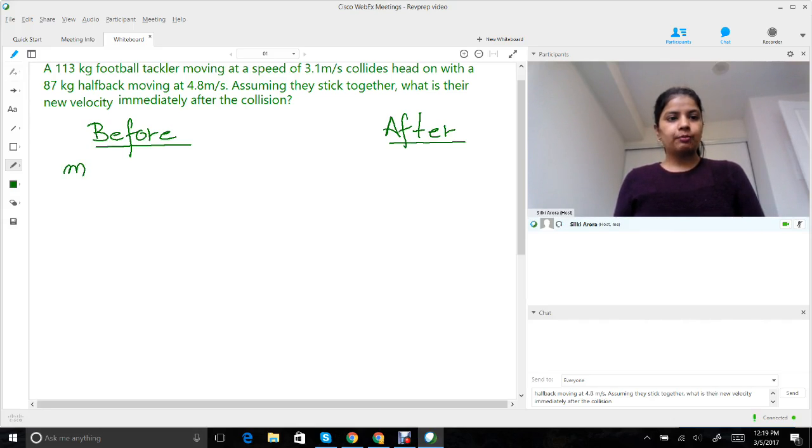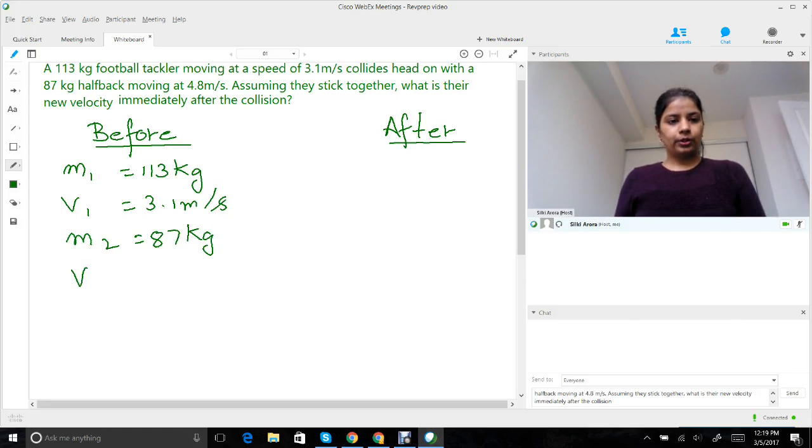Yes, we know that M1 equals 113 kg. V1 is 3.1 meters per second, that's right. M2 is 87 kg. What else? V2 is 4.8 meters per second.